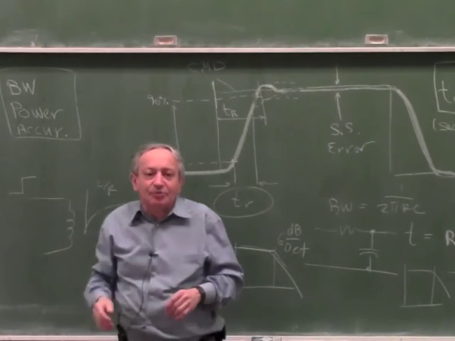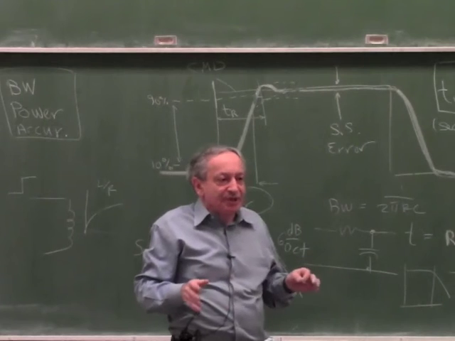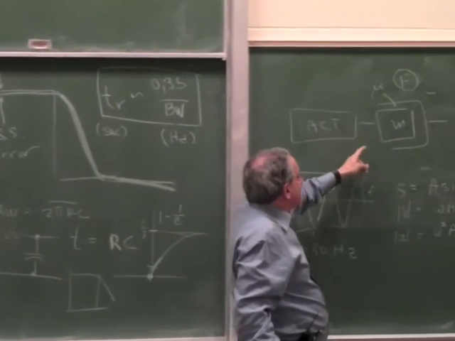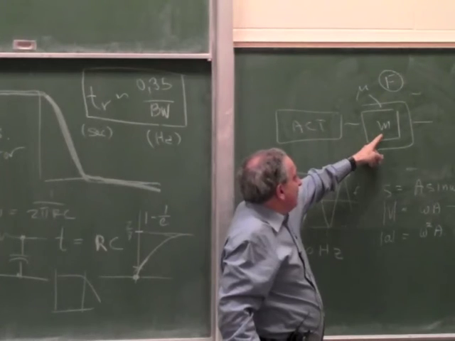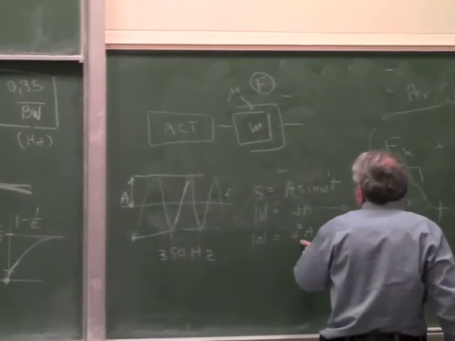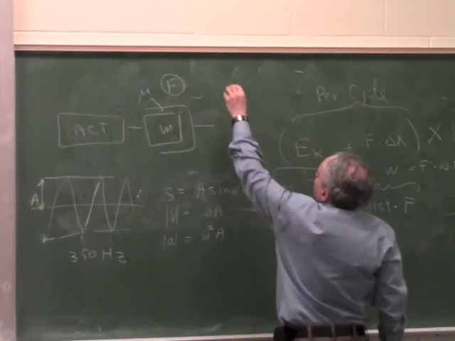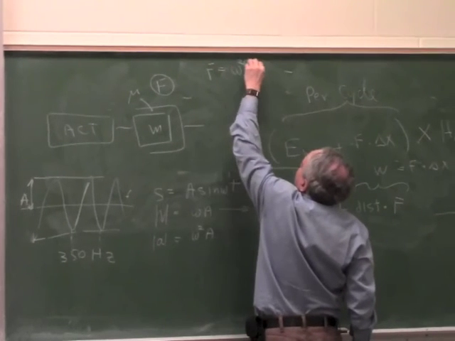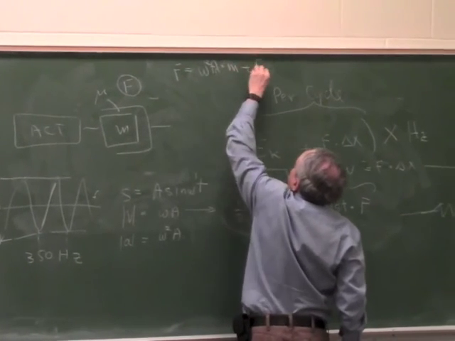Now another way to approach it is through force, not through energy, because in this case you have a mass m. You know the maximum acceleration here is omega squared a, so the total force is omega squared a times m plus f.